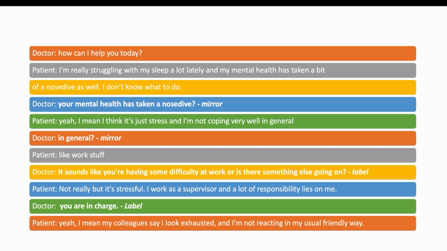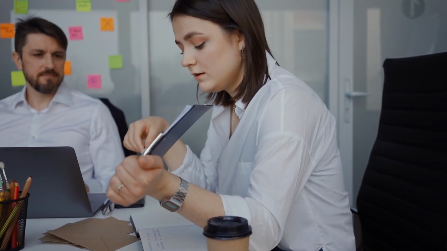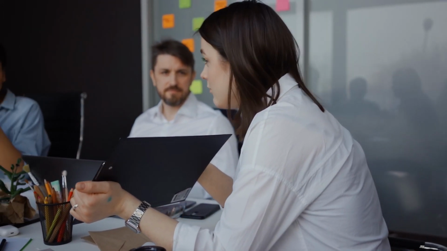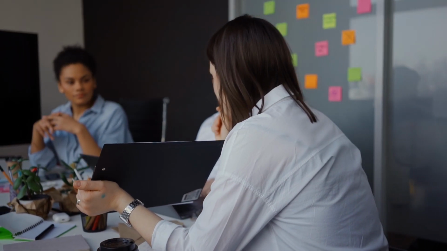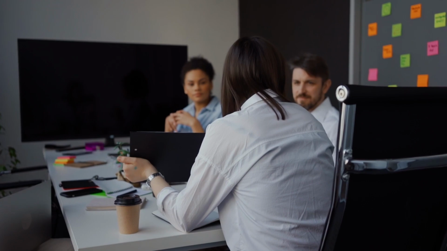Like work stuff. The doctor replies: It sounds like you're having some difficulty at work, or is there something else going on? Patient: Not really, but it's stressful. I work as a supervisor and a lot of responsibility lies on me. Doctor: You're in charge? Patient: Yeah, my colleagues say I look exhausted and I'm not reacting in my usual friendly way.